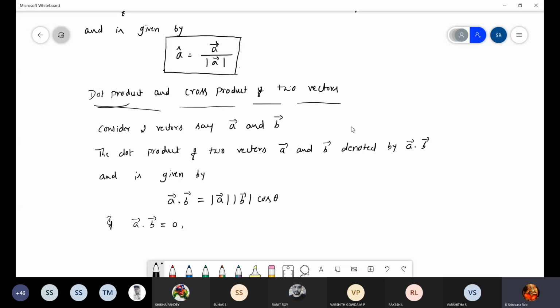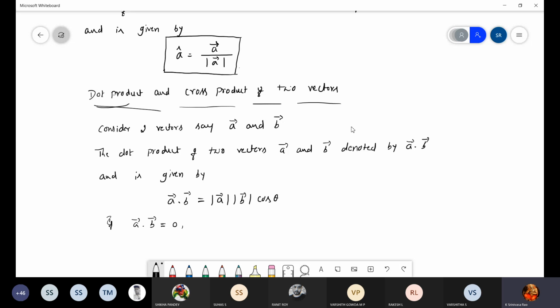So we say that if A dot B equals 0, we can conclude that A and B, two vectors, are at 90 degree, meaning they intersect perpendicularly. Perpendicular.